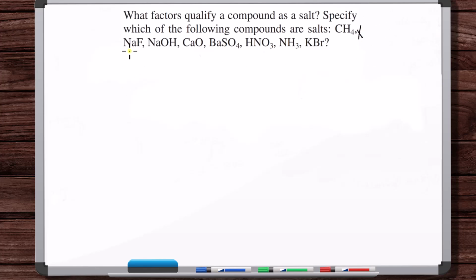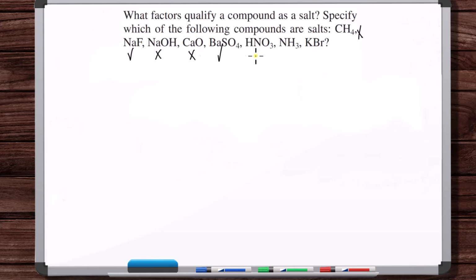Sodium fluoride, that's an ionic compound that doesn't involve H+, OH-, or O2- ions, so this is a salt. Okay, this is an ionic compound, but you've got OH- anions, so no. Here, an ionic compound with O2- anions, no. Here, you have an ionic compound that's a bond between Ba2+ and SO4 2- ions, so yes.